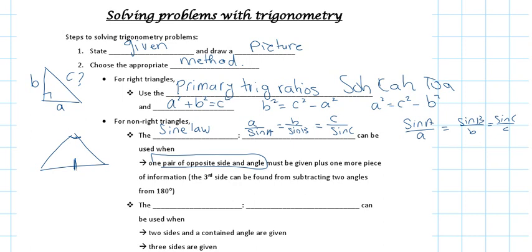Sometimes they give you this, with these two angles, and you do 180 minus the two angles.